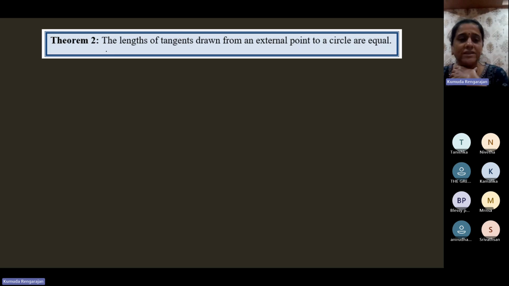The second one is: the lengths of the tangents drawn from an external point to a circle are equal.